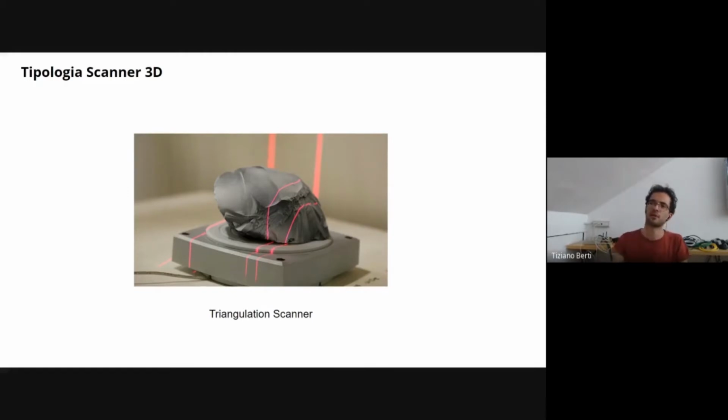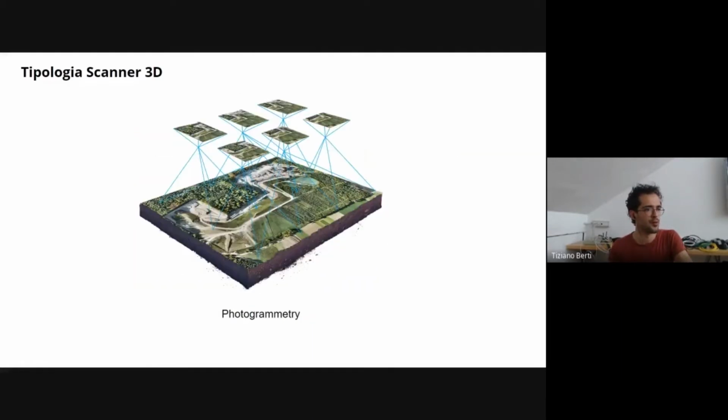Photogrammetry just looks for the different textures you have on the object. It looks for a specific feature that is different from the others, makes a mathematical description of each feature, and is able to recognize that feature in different photographs.